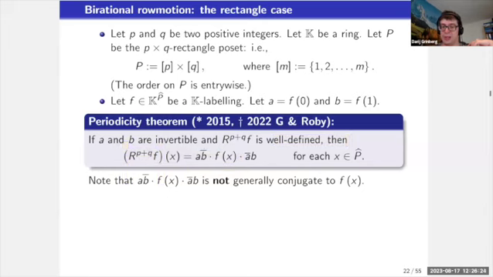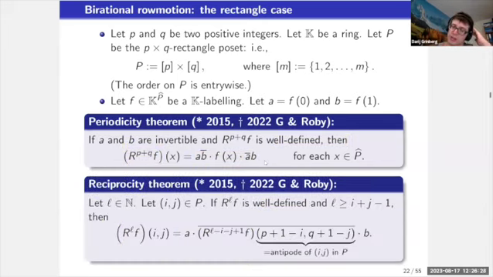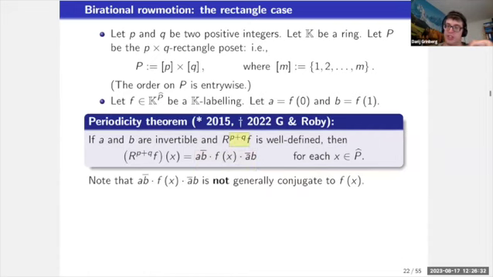Notice that this is not a conjugate. This is a kind of twist. Of course, I have to assume that this is well-defined. If you get a division by zero problem, then of course it's not defined. I'm not claiming that you will never have to divide by zero, but if you can make all those divisions, then it's true.